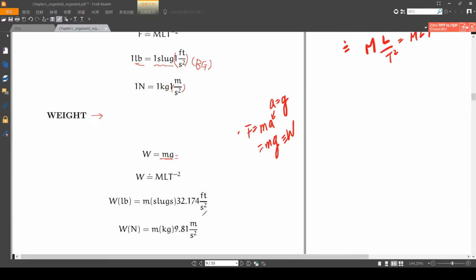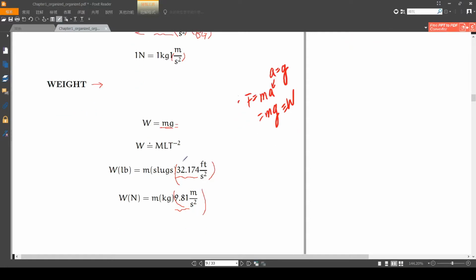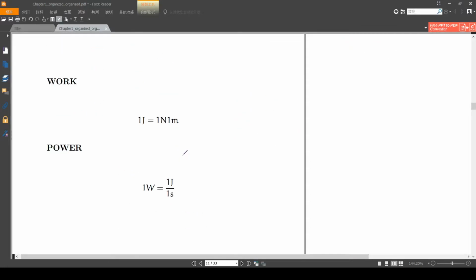And because it is the acceleration of gravity, you have got some kind of constants in front of the unit. Maybe you should know, you have already known. Anyway, these two parts are the standard gravity on Earth. This is no doubt.